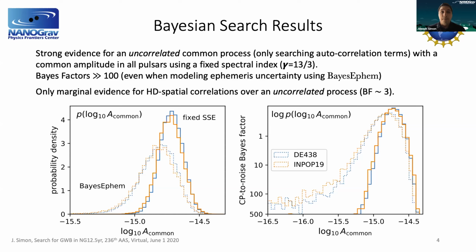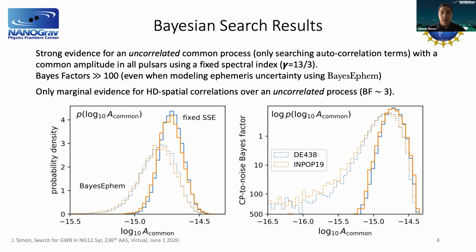So depending on which model of the solar system ephemeris we use, we get slightly different gravitational wave statistics. And so we've developed a new ephemeris modeling strategy that we call BayesEphem.